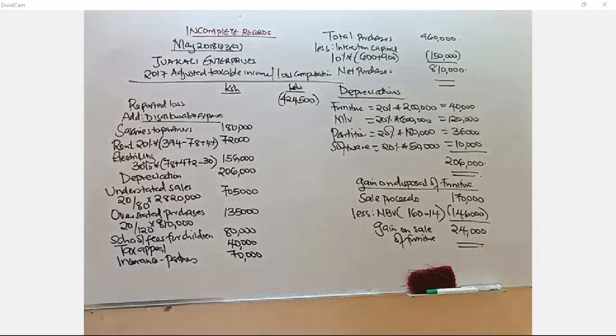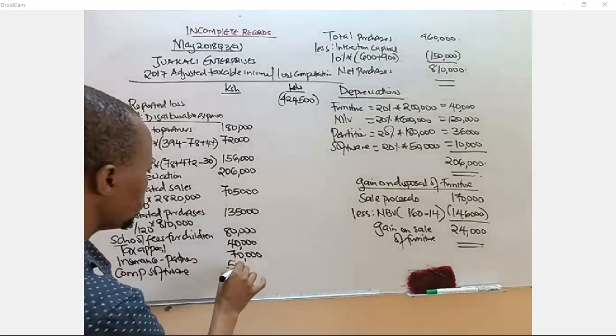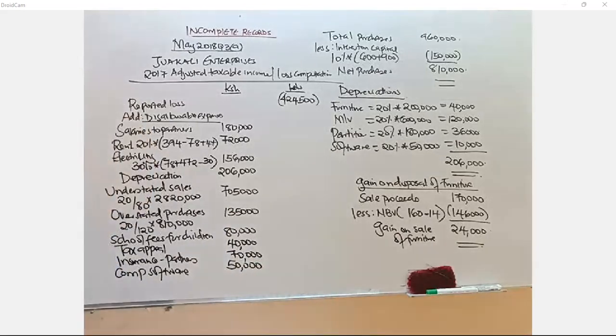Then after that, we can also see we were able to purchase an asset, computer software. The purchase is a disallowable expense amounting to how much? 50,000. Nothing else to be put into consideration.